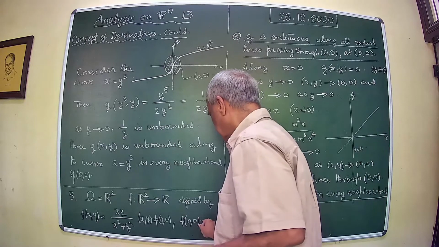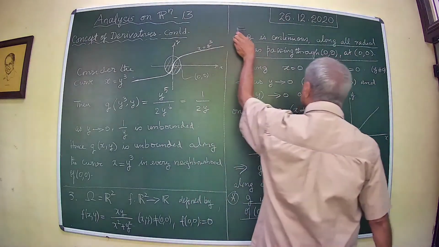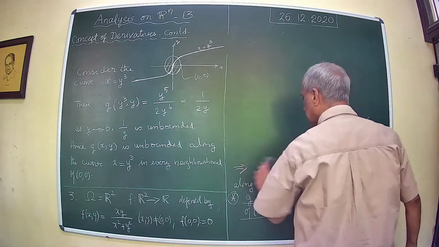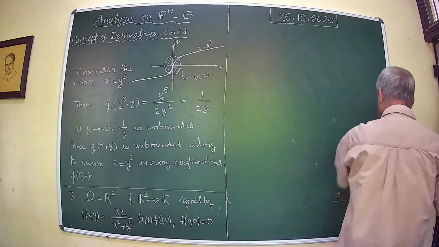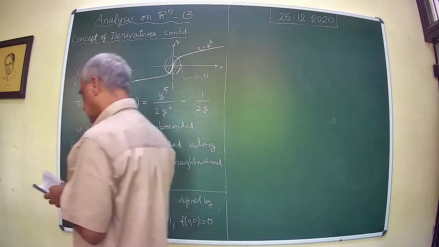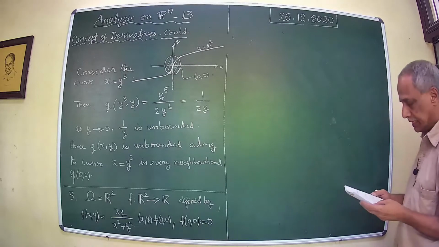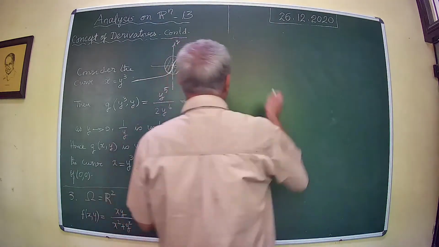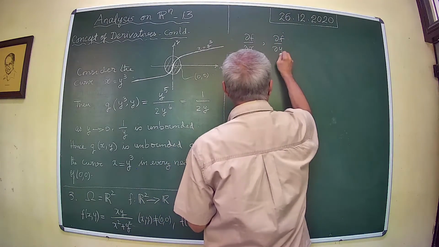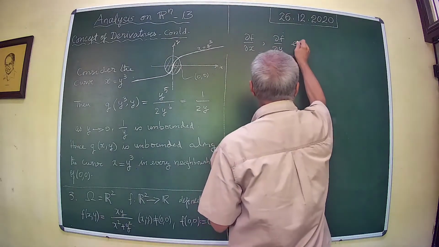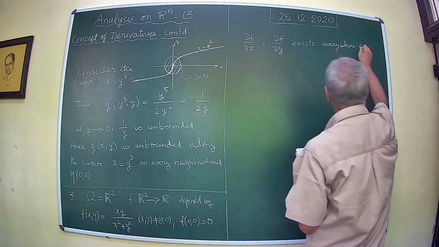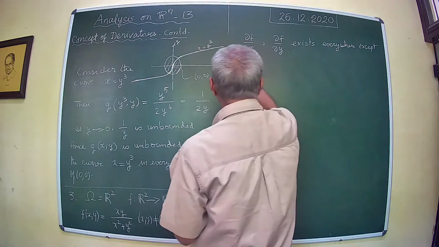This is the definition. Now the first thing that you observe is that df by dx and df by dy, the partial derivatives, exist except possibly at the origin.